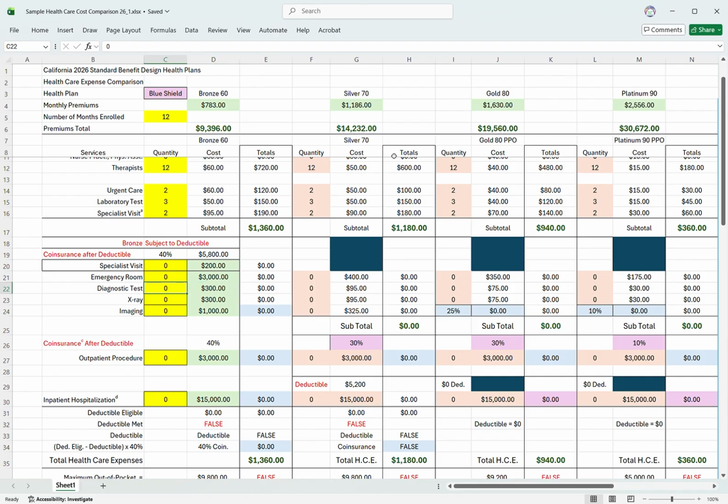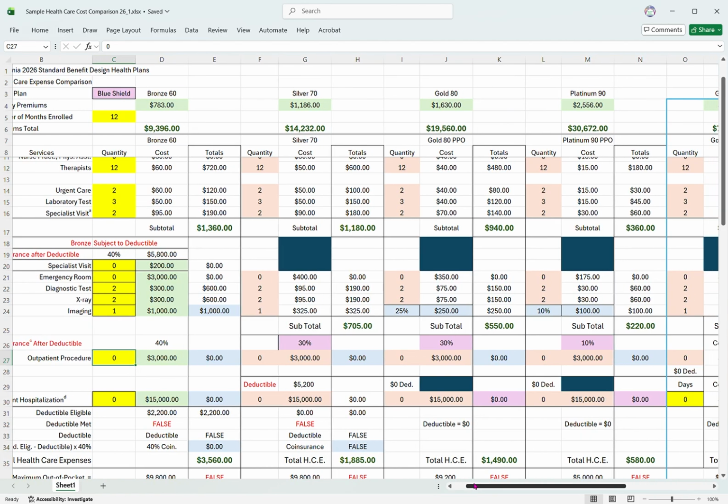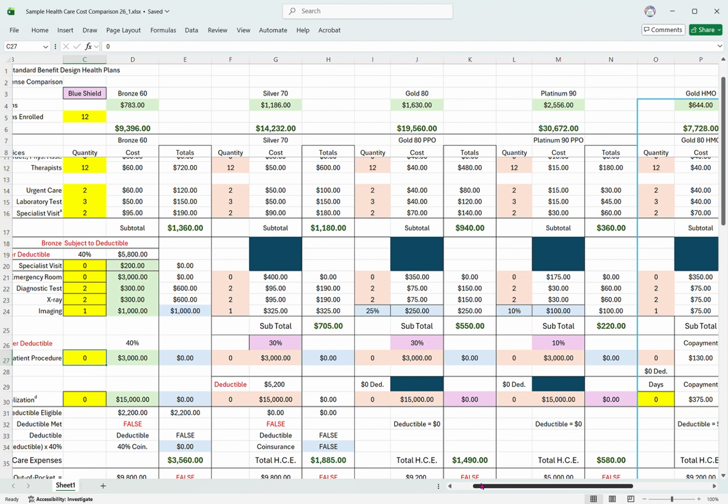Possibly this individual will have 2 diagnostic tests, and maybe 2 x-rays, and 1 image, like an MRI, for the year. Now, the silver, gold, and platinum plans generally have co-payments associated with many of those services.